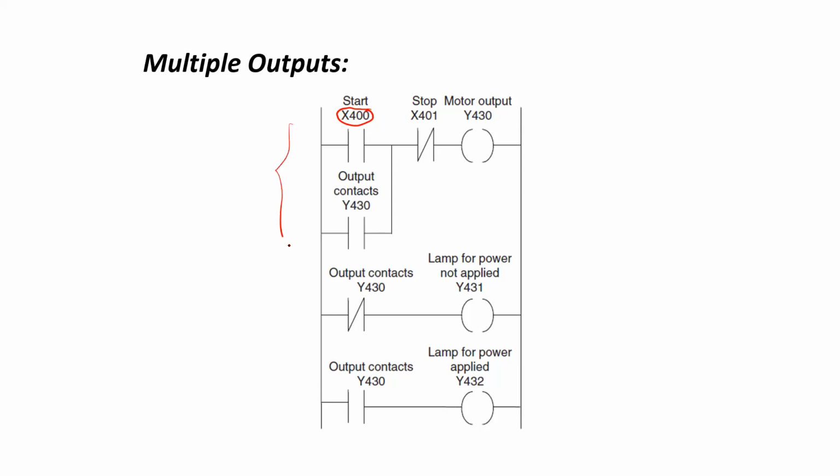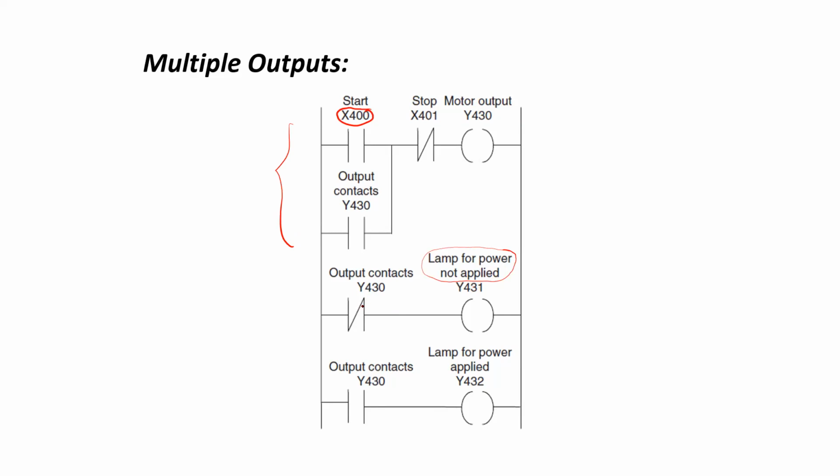This portion is the same as starting or stopping the motor. Additionally, there is a lamp to indicate that there is no power applied to the motor, which is the same as the red LED we were discussing.